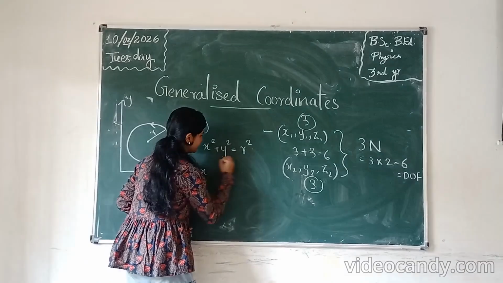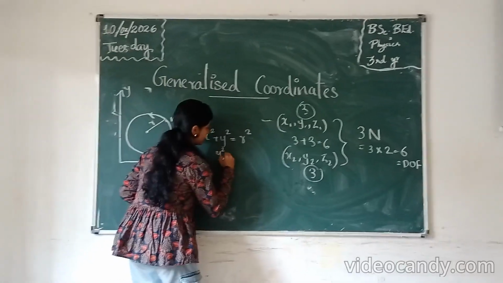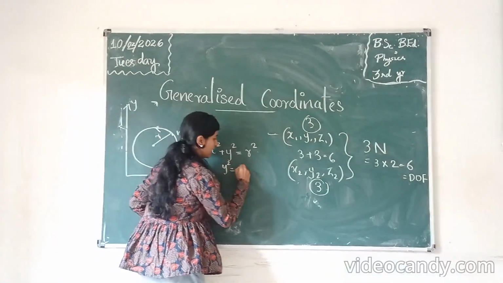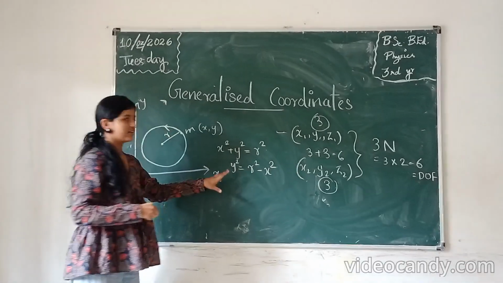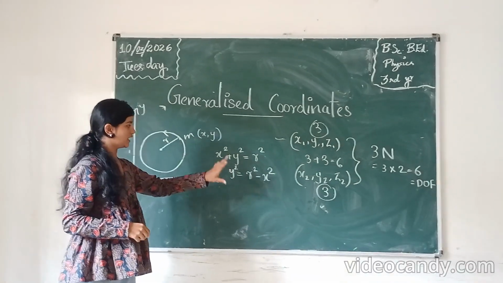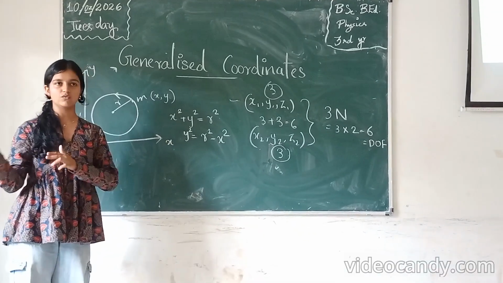Suppose x is known, so we have to find y square. How can we find y square? r square minus x square. So here we have one independent variable, which is x, and one dependent variable, which is y.